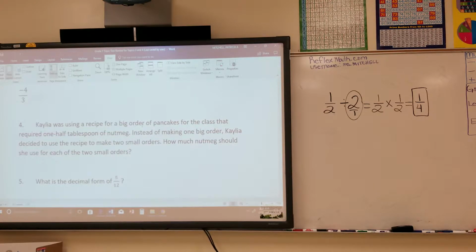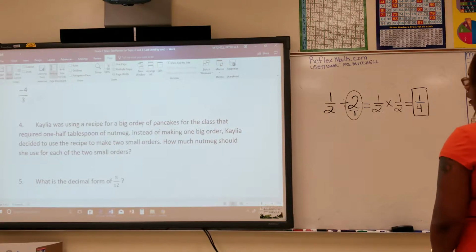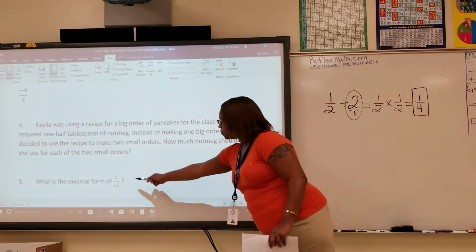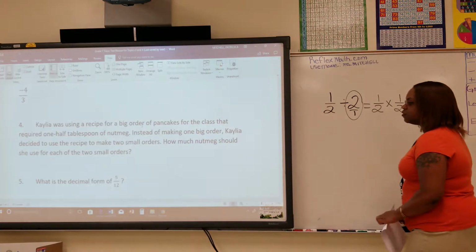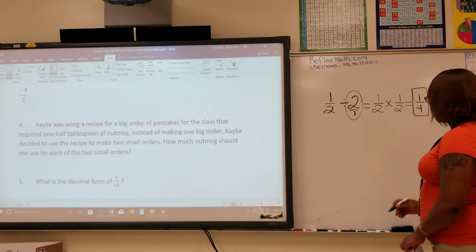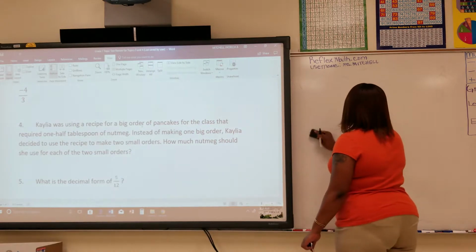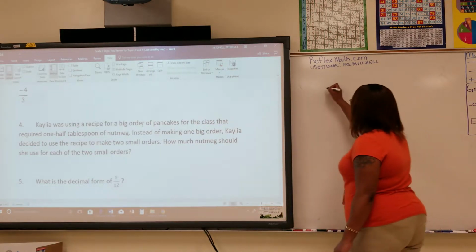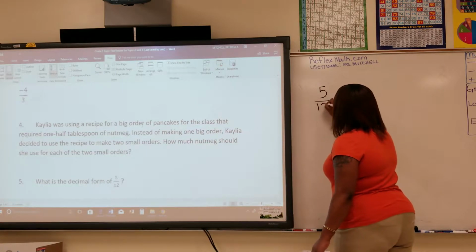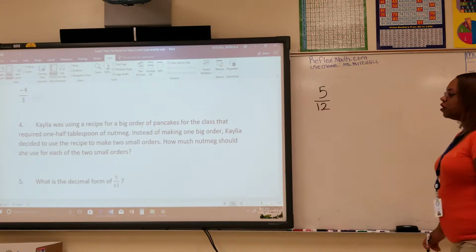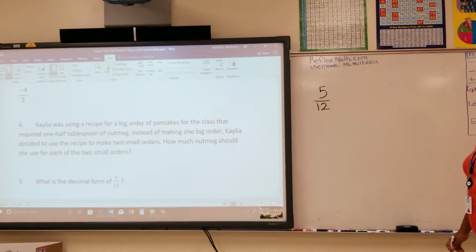And let's move to number 5. We can clearly see number 5 at the bottom, and that is right here. Number 5 says, what is the decimal form of 5/12? All right. You will be working with a calculator, okay?